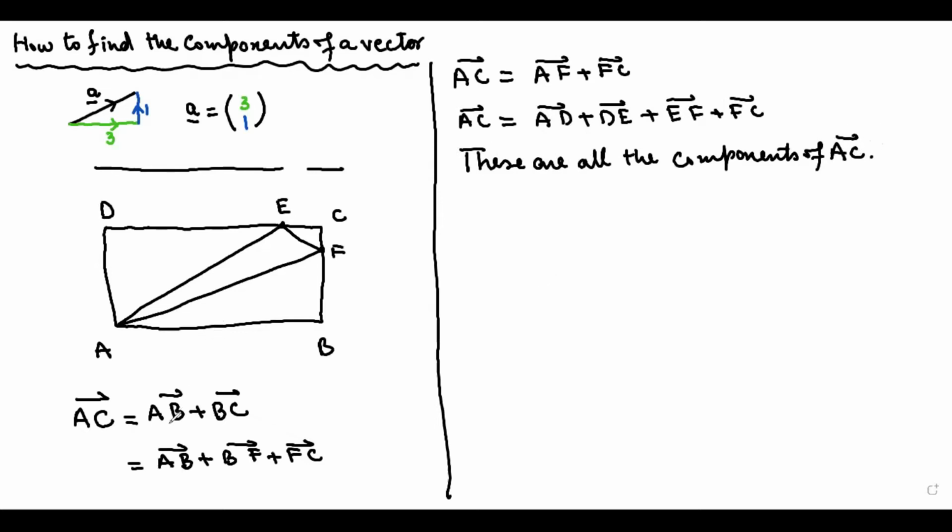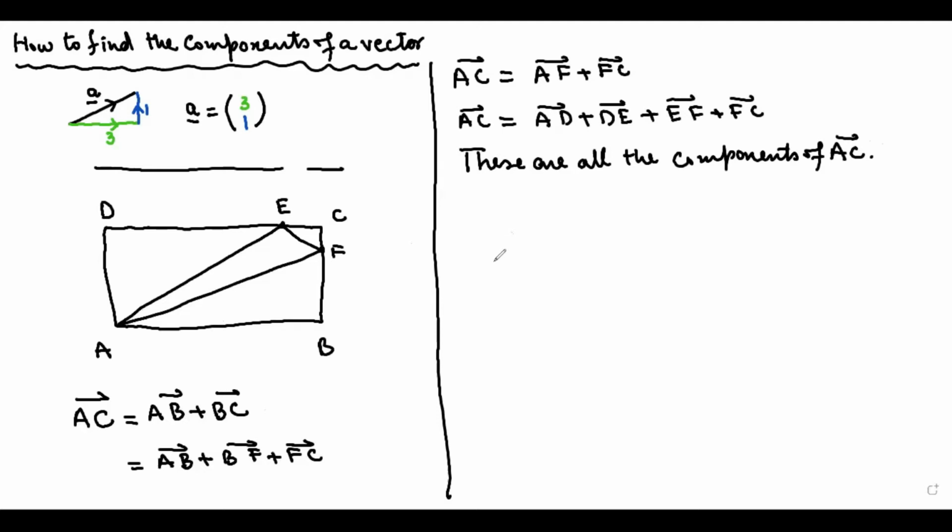The components of AC may be AB plus BC, may be AB plus BF plus FC, may be AF plus FC, may be AD plus DE plus EF plus FC. It is possible that the components may be A to F, F to E, E to C.